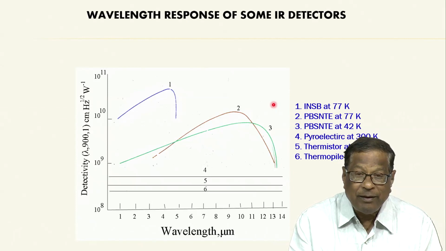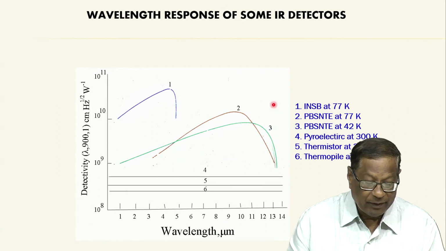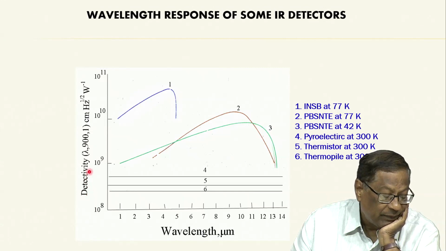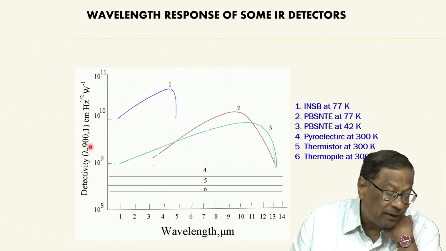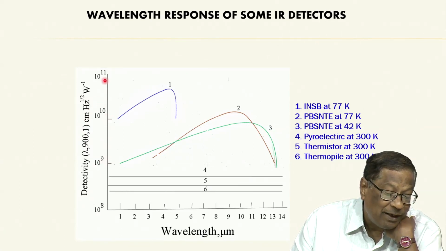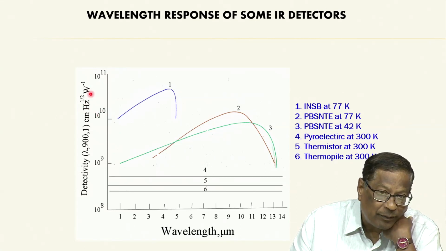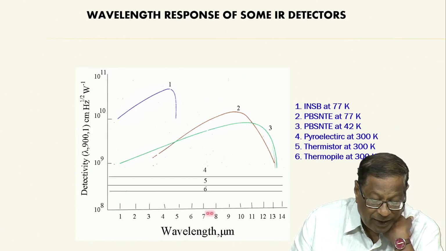So, here is the wavelength response of some IR detectors. For example, I have plotted here the detectivity, with units of 10 raised to 9, 10 raised to 10, 10 raised to 11 hertz raised to half and wattage raised to -1, and here it is wavelength.